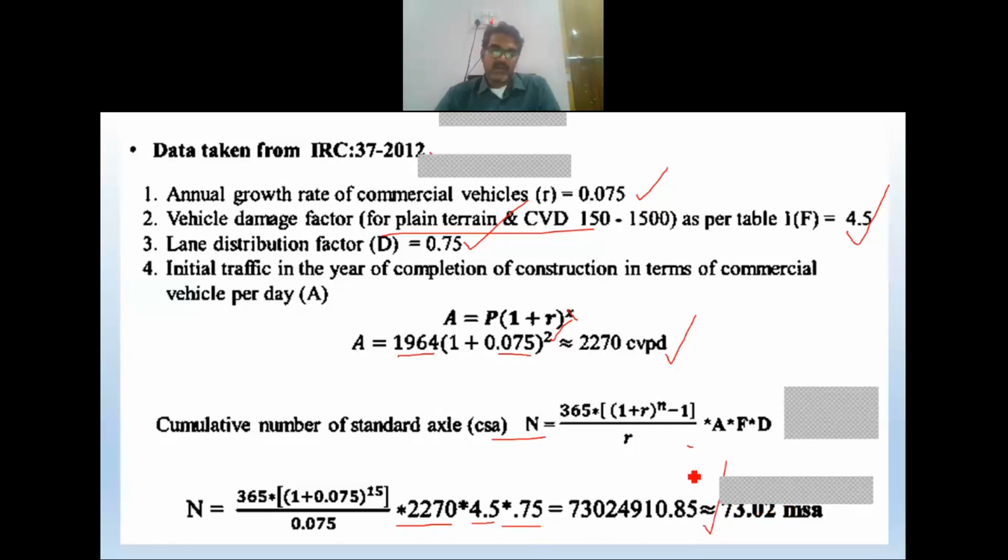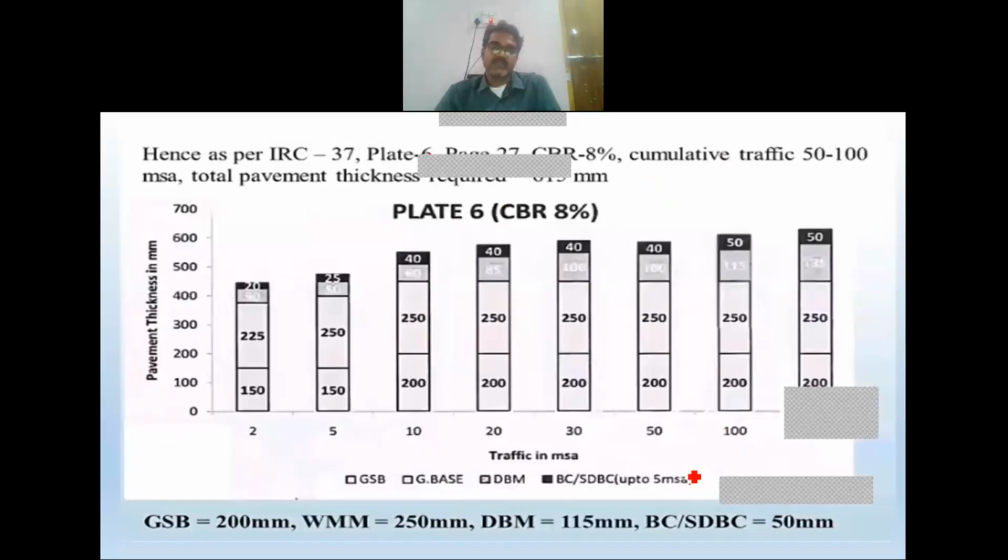If I know the million standard axle loads, the cumulative number of standard axles, and the CBR value of the subgrade, then using the design charts given in IRC 37, I can directly read the thickness of the surface course, base course, and subbase course.